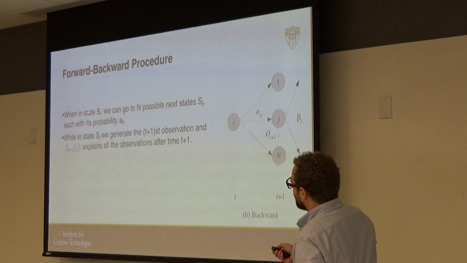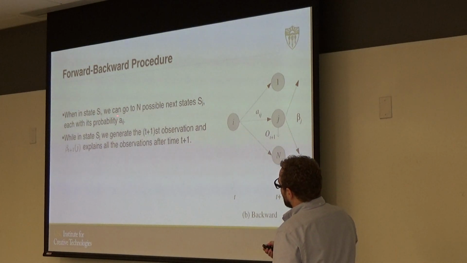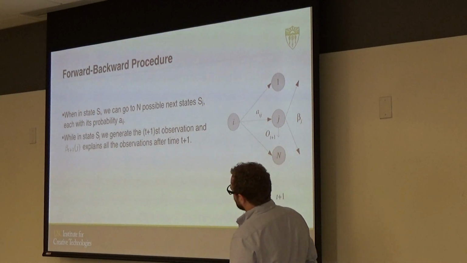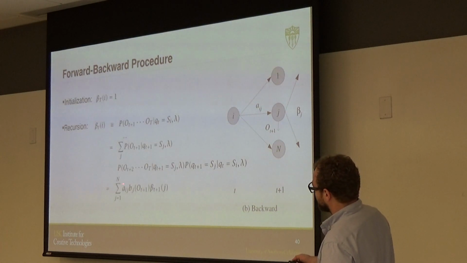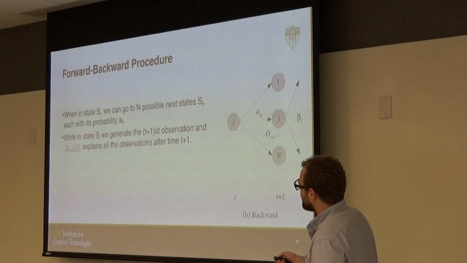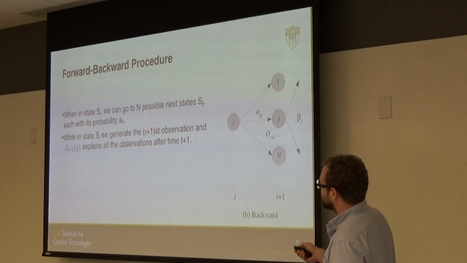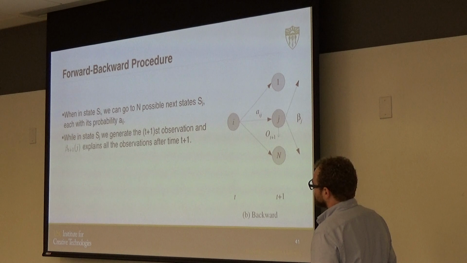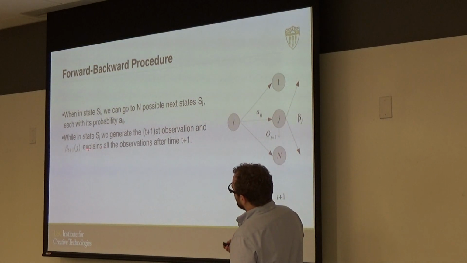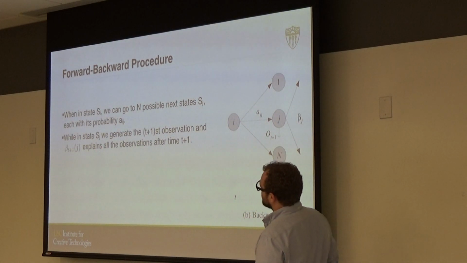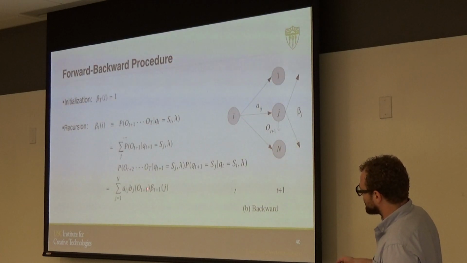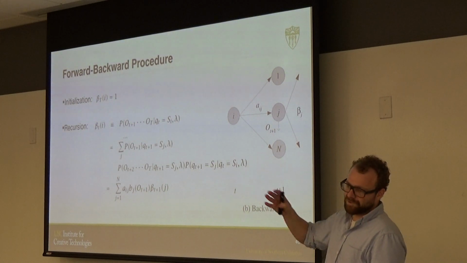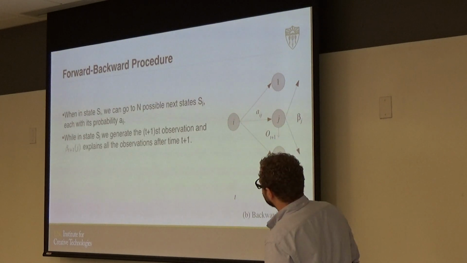When we're in state Si, we can go to n possible next states Sj, each with probability Aij, so this is like this part down here. While we're in these states, we generate the observations, and beta t plus 1 explains the observations after time t plus 1. So these are the observations, and this explains what we have observed towards the end of the sequence.